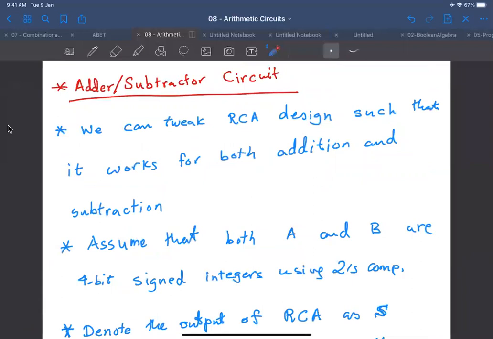So we have talked about the ripple carry adder before. We can just tweak it a little bit such that it can work for both addition and subtraction. So we assume first that A and B are 4-bit without loss of generality, of course. And both A and B are signed integers using 2's complement representation.